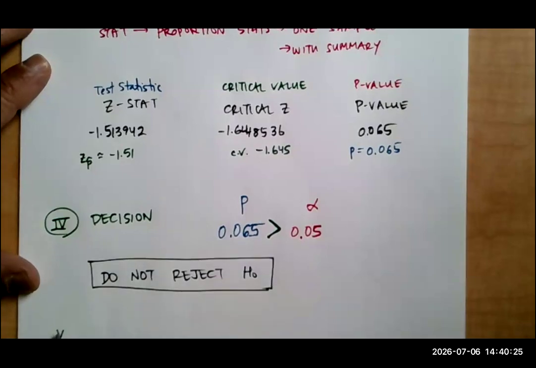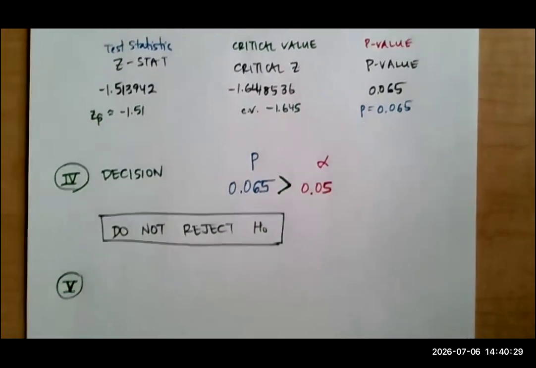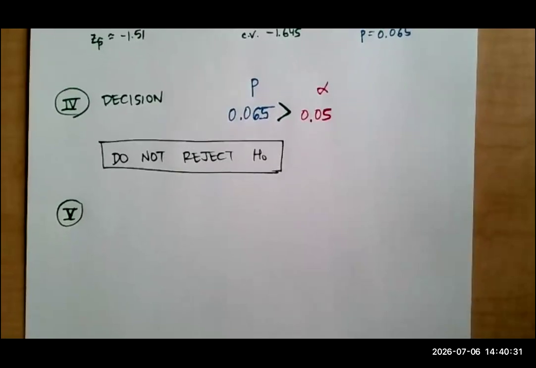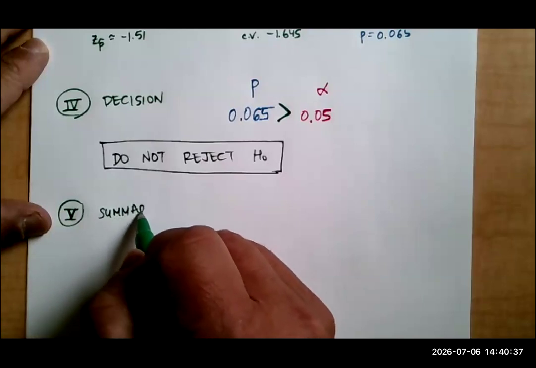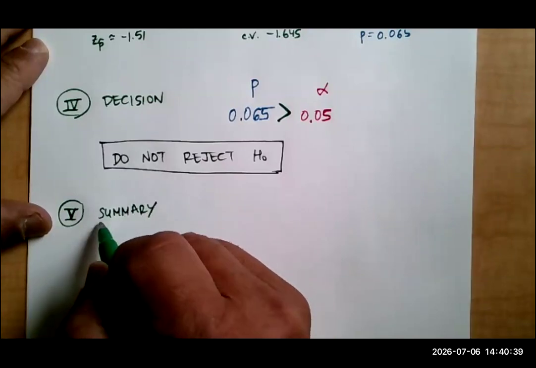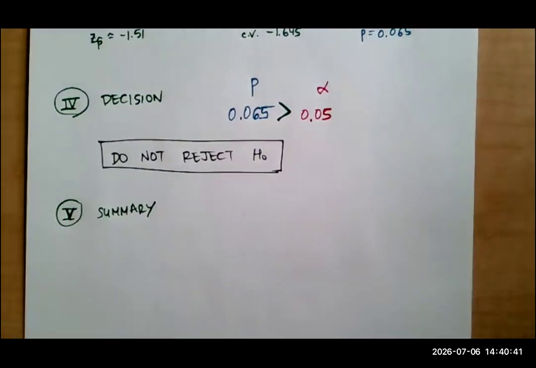So now this is the part that students always have some questions, some trouble, some time to develop, which is our summary, our summary for our conclusion. So based on our sample data, we can't reject that null hypothesis.